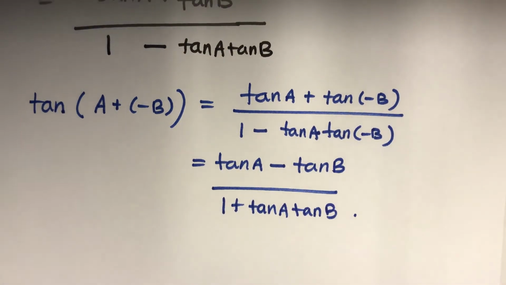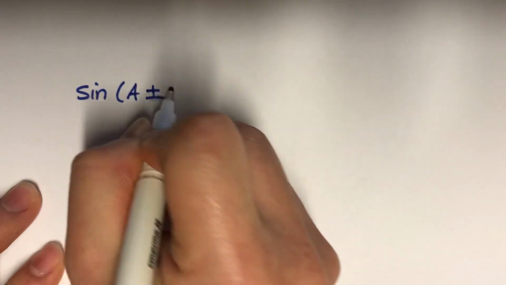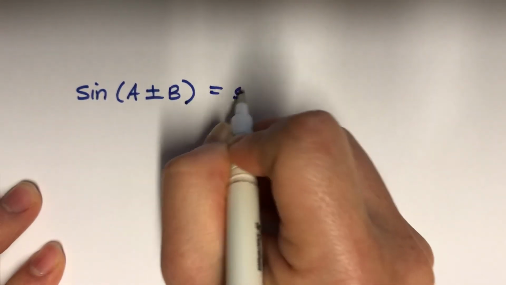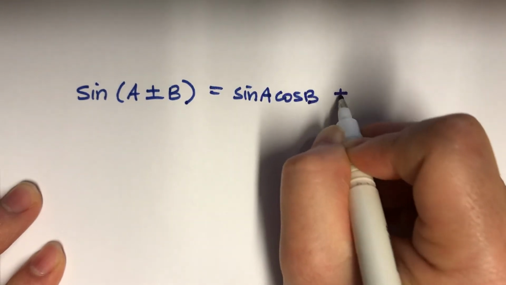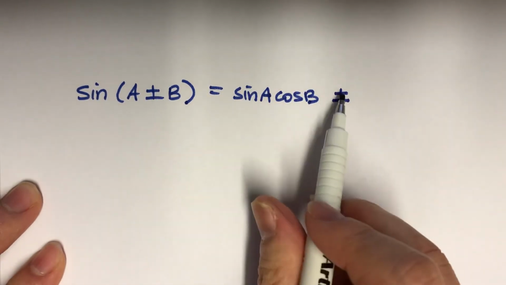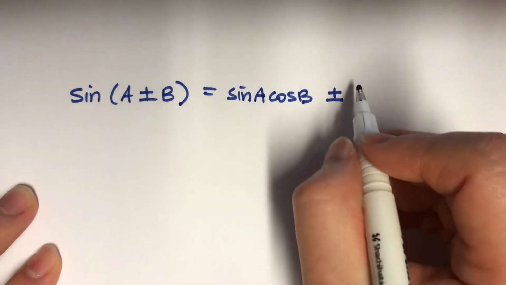Now, before we finish this, let's consolidate all the identities. So let's have a look. Sine A plus minus B was what? Sine A cos B plus minus, because when it was plus, it was plus. It was minus, it was minus. So that was not too bad.